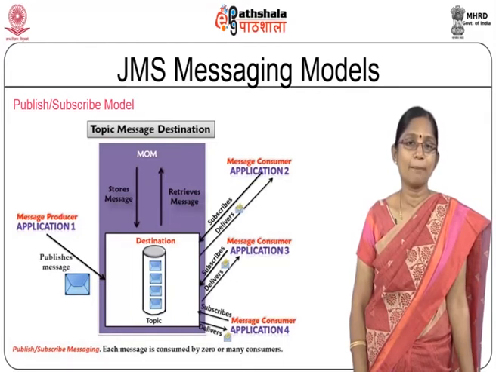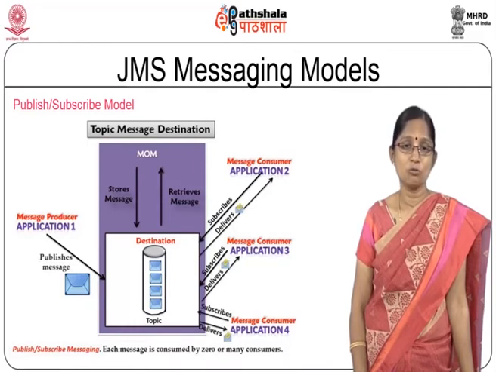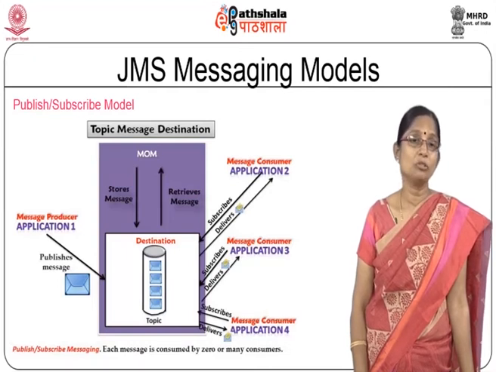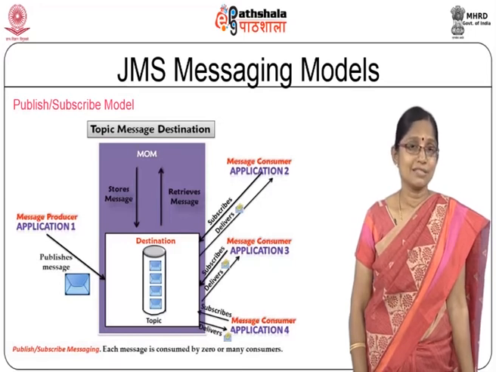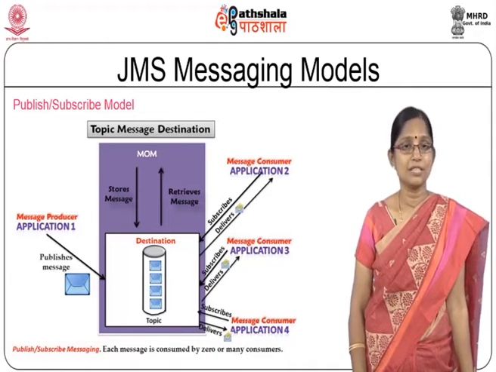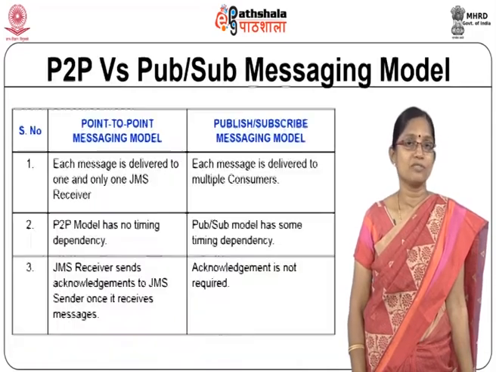You can see that application 2, application 3 and application 4, many message consumers are available. All of these message consumers would first subscribe to the destination saying that I require this message. Once the message is available in the destination, the message would be delivered to all of these consumers. So that is why we say that each message is consumed by 0 or many consumers. These are the two messaging models of JMS.